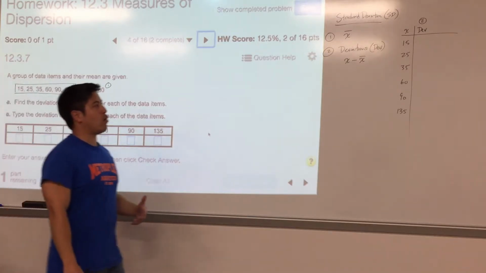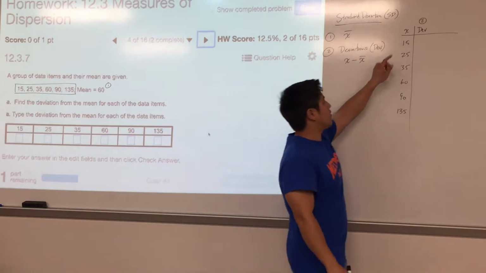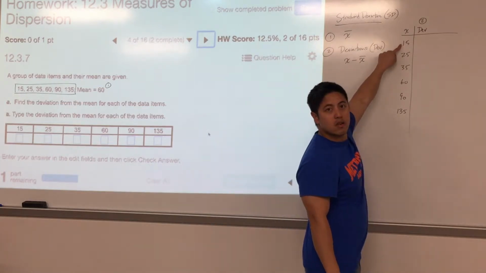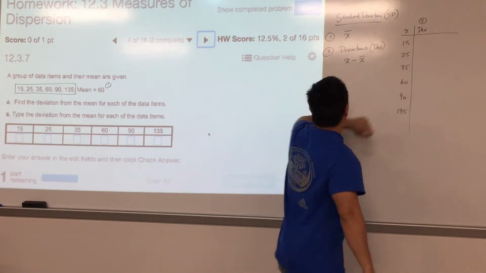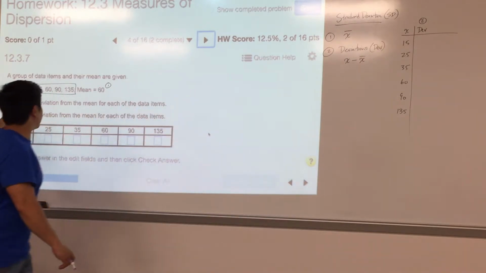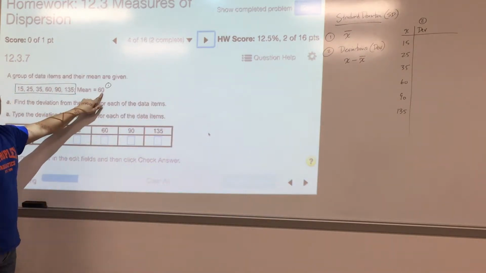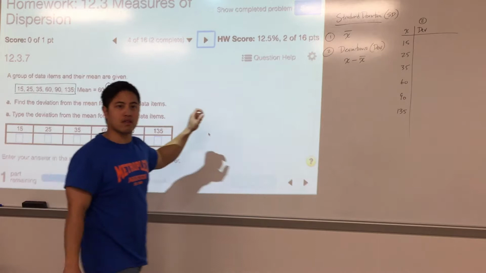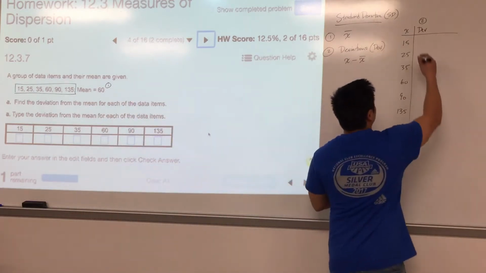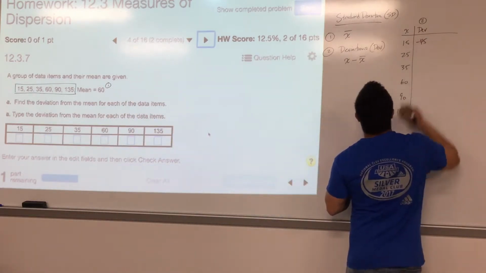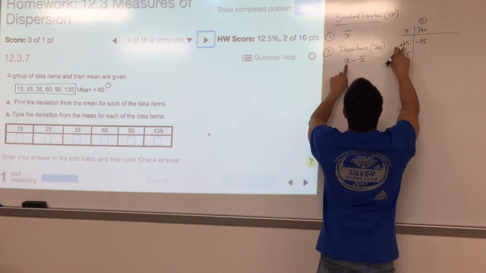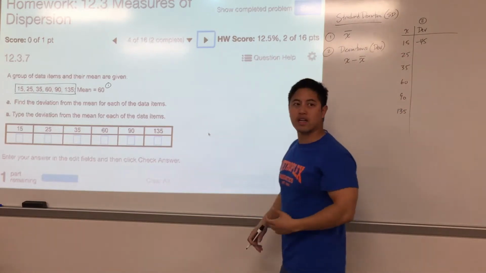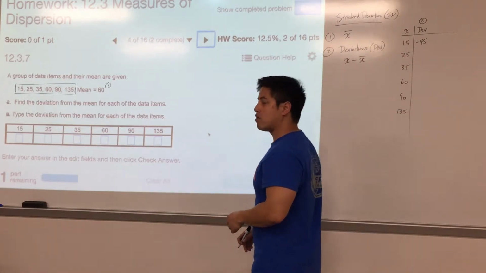So for example, if I want to calculate the deviation of 15, the deviation for 15 is going to be 15 minus 60. Does that make sense? So therefore it's going to be negative 45. Right? Because 15 minus our mean of 60 would be negative 45. You with me so far?